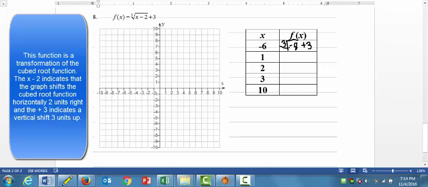which is, and let me see, I'm going to maybe come down here and do this. So f of negative 6 is the cube root of negative 8. Negative 6 minus 2 is negative 8, plus 3. So that's negative 2 plus 3, so I get 1. So I'm going to be plotting the point negative 6, 1.